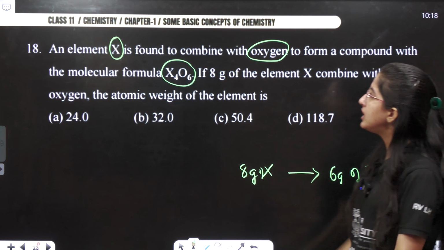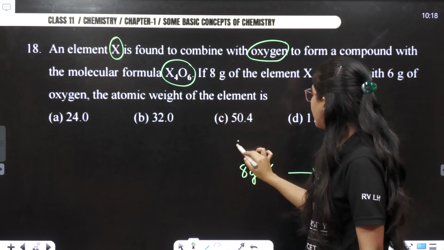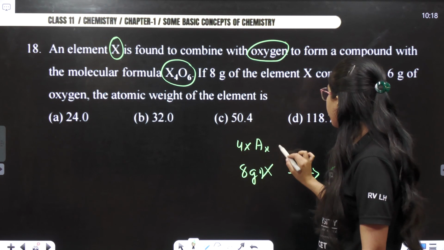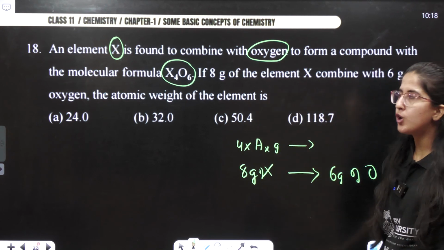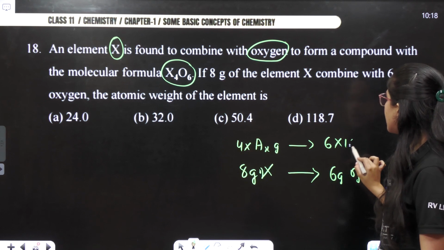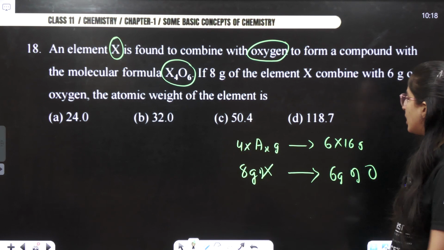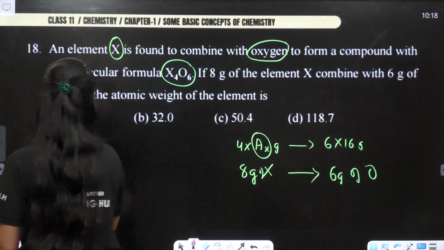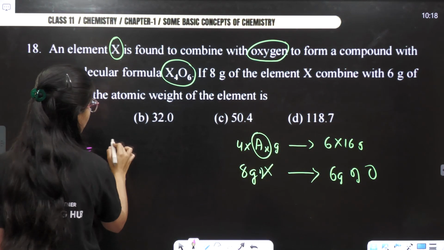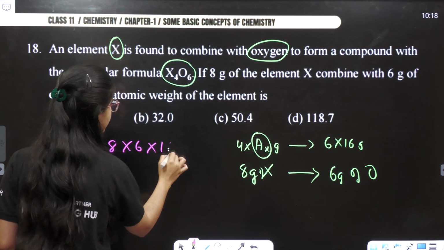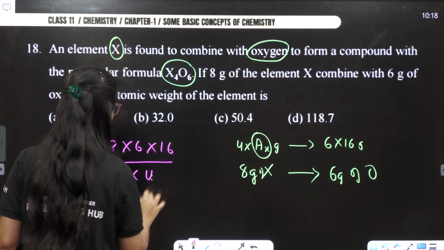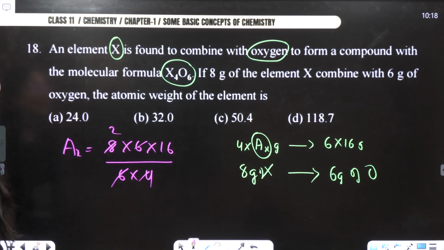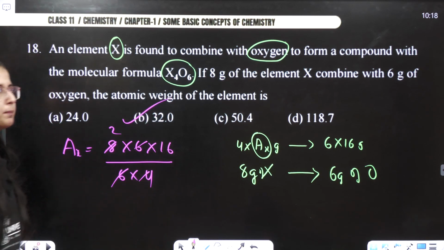Now, if you carefully see this molecular formula, you know that 4 into atomic mass of your X combines with how many grams of oxygen? So 6 into 16 grams of your oxygen. Correct? So you can clearly calculate the value of atomic mass from here. So atomic mass of X will be equal to 8 into 6 into 16 divided by 6 into 4. Correct? 4 twos are 8, 6 cancel, 16 twos are 32. So therefore option is B.